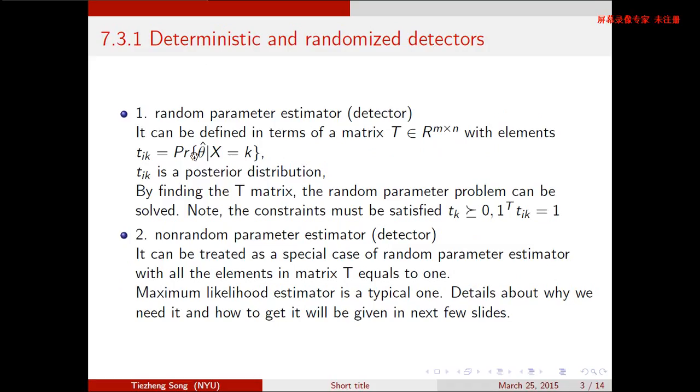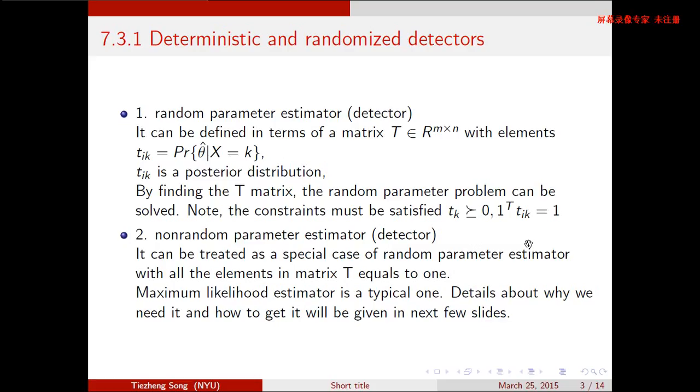So this is the probability for we made the estimation on the parameter theta, which is theta hat, given the data equal to k. This is a posterior distribution. By finding the T matrix, the random parameter problem can be solved.